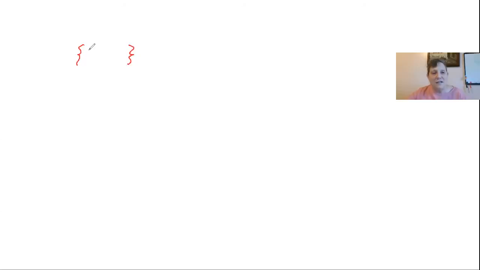a function as a set of points. We can show it as a map.